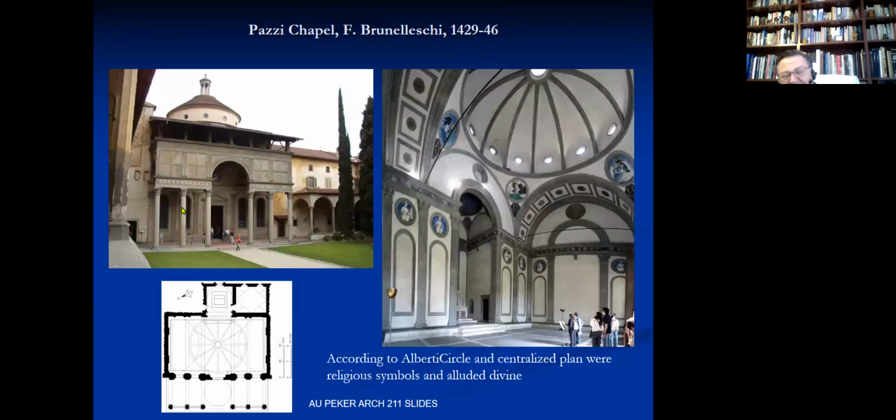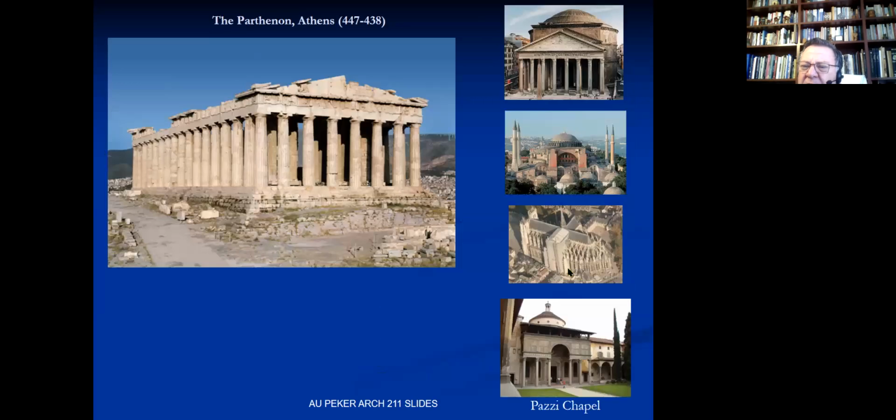What then, let me summarize, we face here a central element dominating, which for the first time in architectural design appeared with Brunelleschi. And Pazzi Chapel is a great example. Compare it with this Gothic cathedral, with a central dome. You don't even see the dome at the center. There is a great tower hiding it.